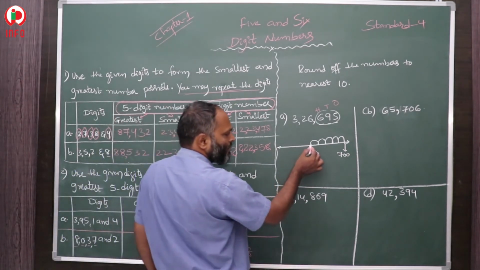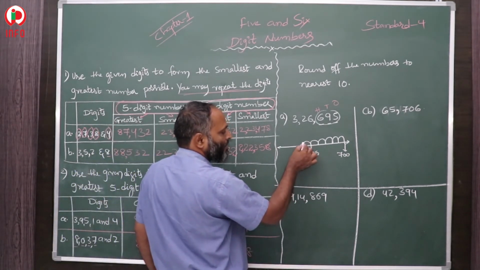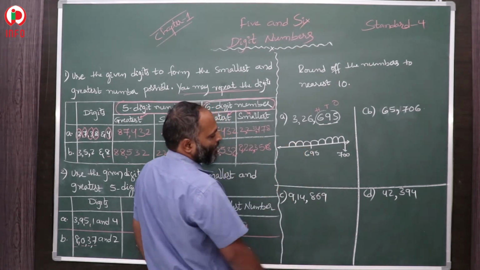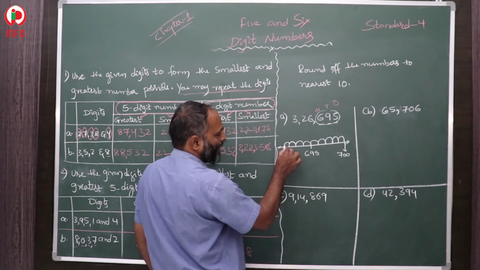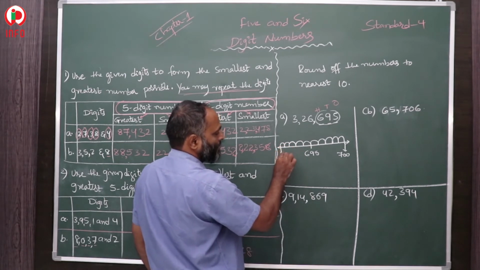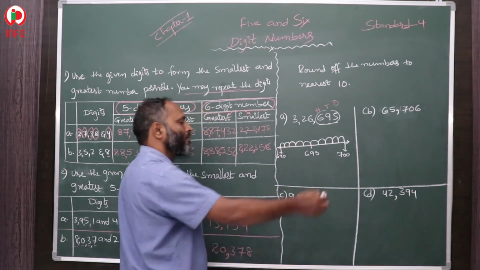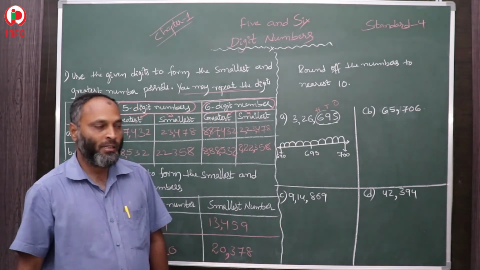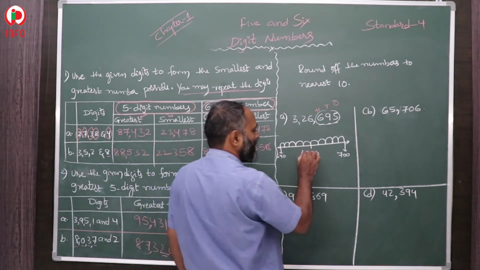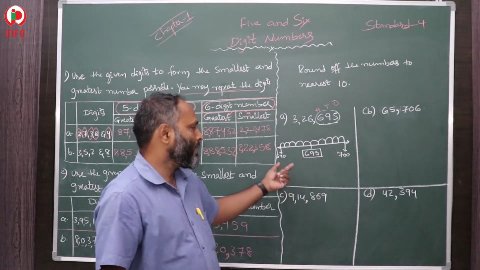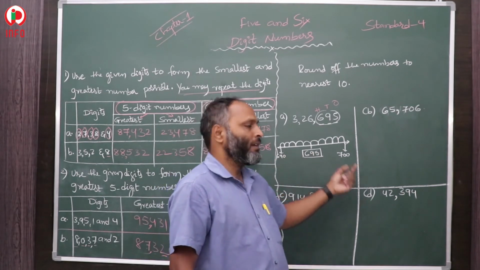Then here 694, 693, 692, 691, 690. So this 695 is exactly in the middle of 690 and 700.